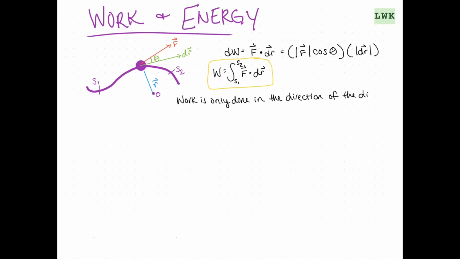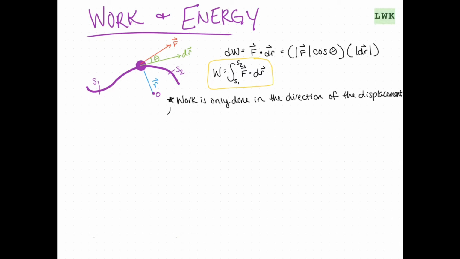And that makes sense. If you look at our equation, we have this angle theta, and we're taking the cosine of theta. That's where this component comes in here. So we're only looking at the direction of our displacement, and that's the only way that we're going to have work.